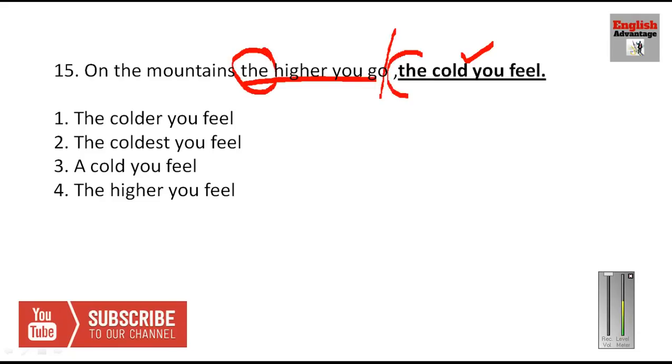You cannot remove any of the. Then the sentence will be wrong. The higher, this comparative degree, the is there, and this should be colder. So the higher you go, the colder you feel. This will be the correct answer here. This is also very common and very important. It has come multiple times in many competitive exams.